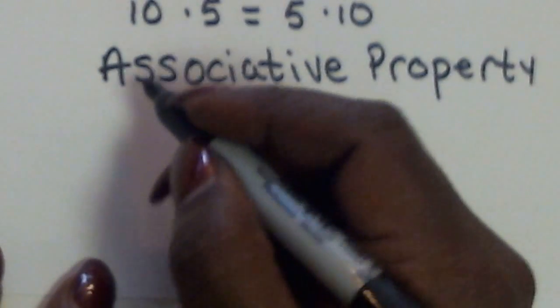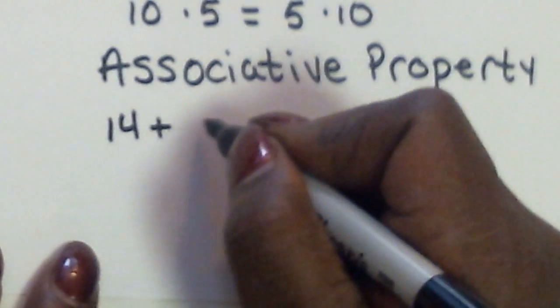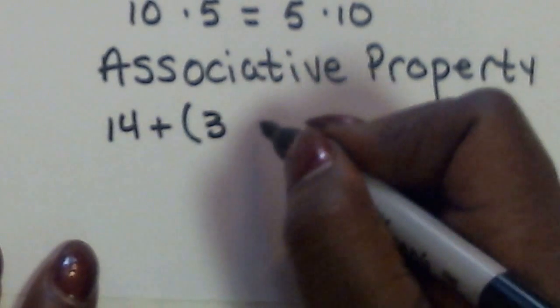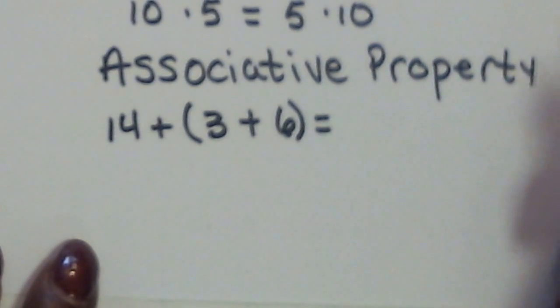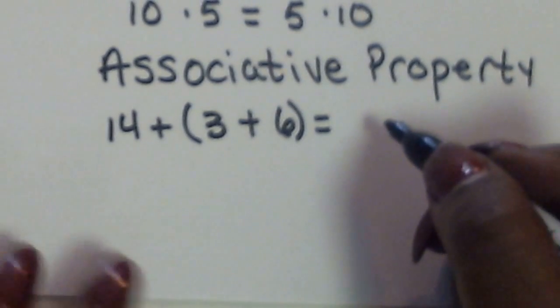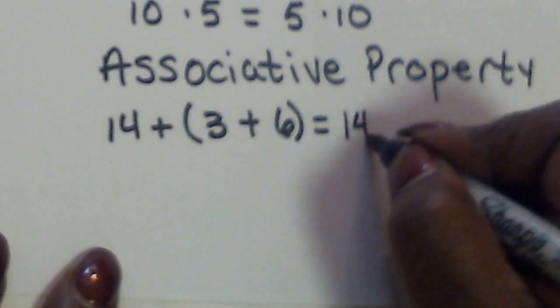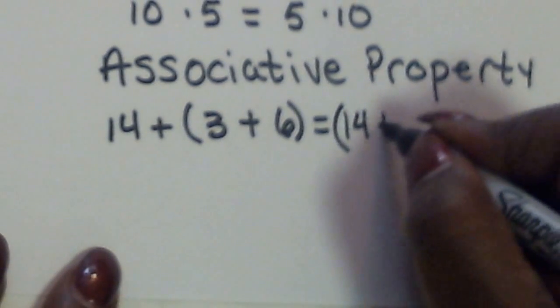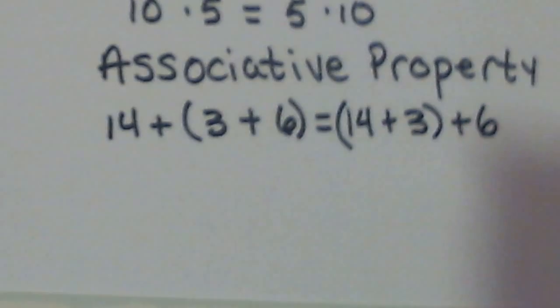So if I had an expression like this, let's see, 14 plus the quantity of 3 plus 6, I could move the parentheses and regroup it: the quantity of 14 plus 3, plus 6.